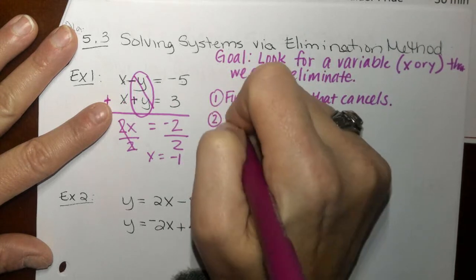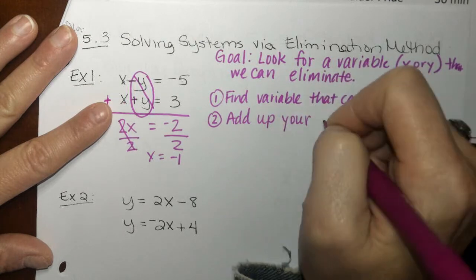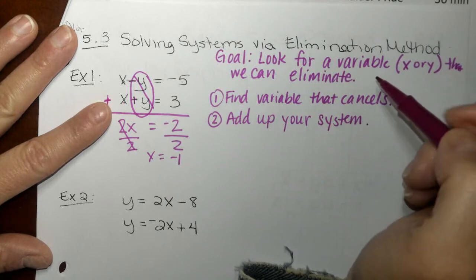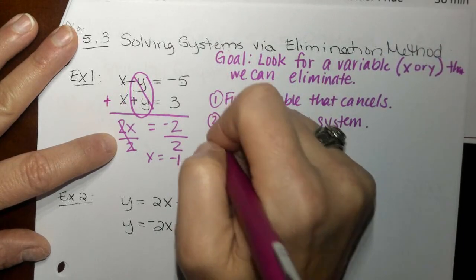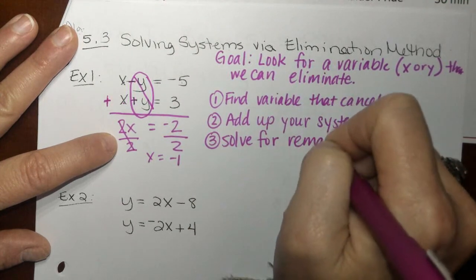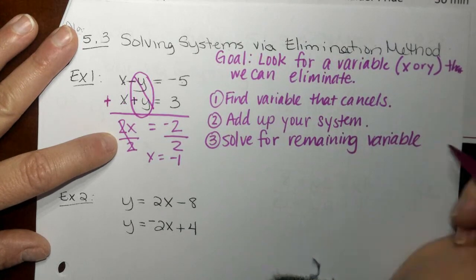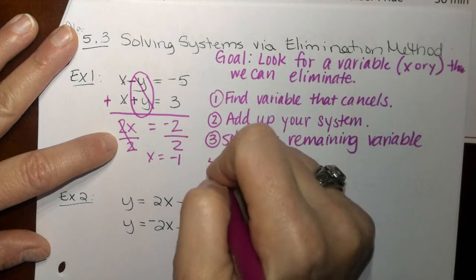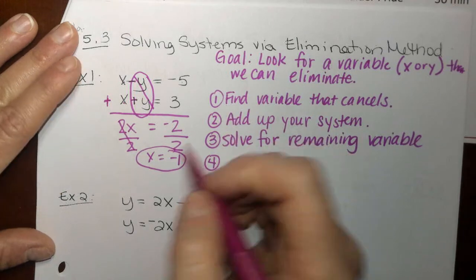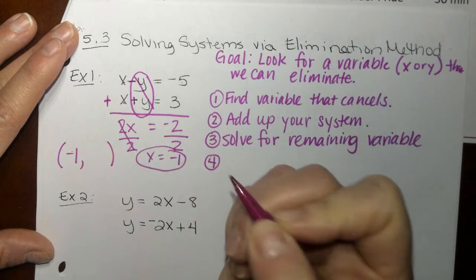Alright, so then our second step was we added up our system. Solve for the remaining variable. In this case it was x. Okay, and then there's one more step we have to do. Now we know the x part, negative 1, of our answer.